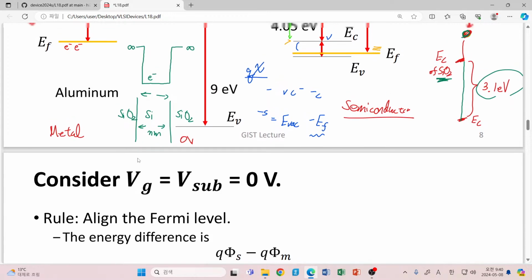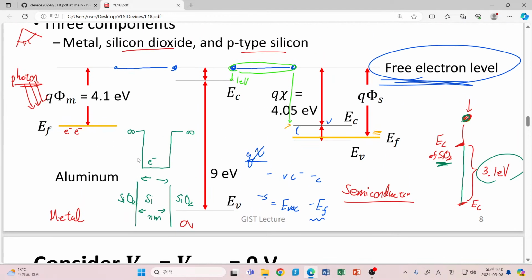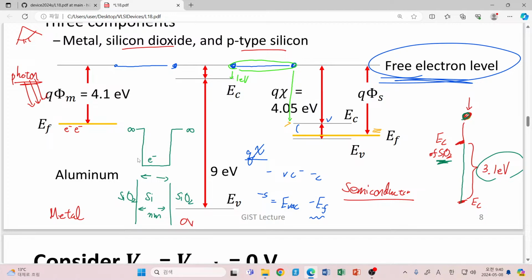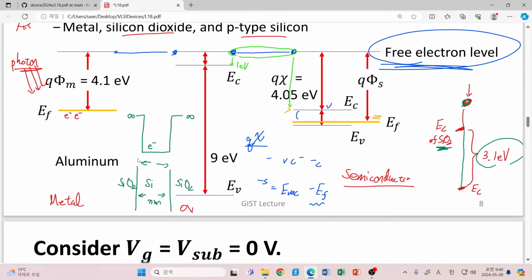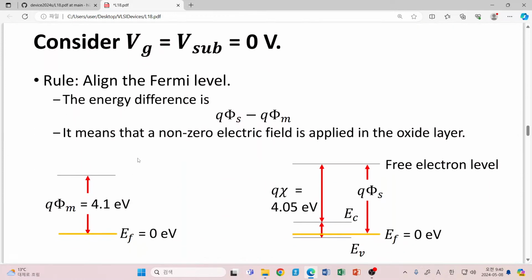Okay, then up to now we have not made them into one system. We have just considered individual material systems: metal, silicon dioxide, and p-type silicon. Then what will happen if we attach them to each other? That is considered in this slide.